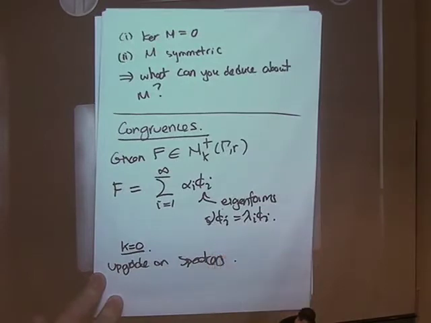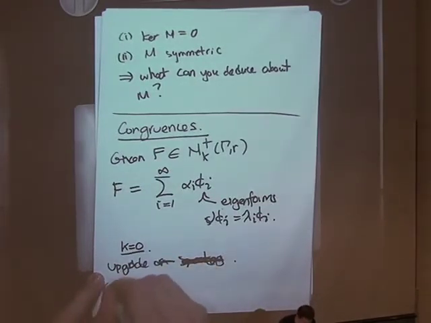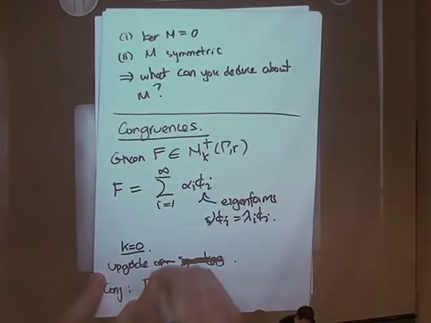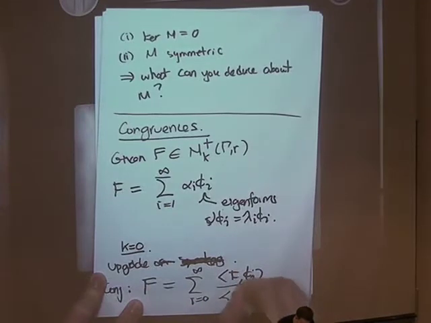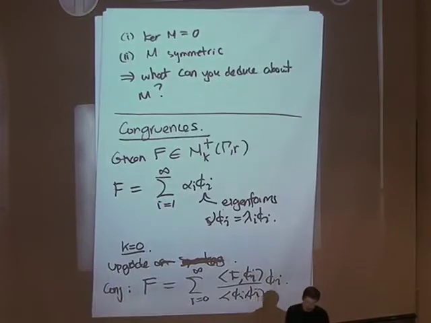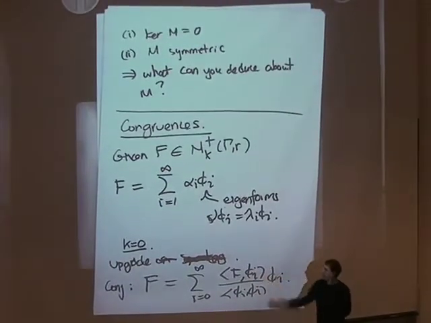We have the following conjecture, namely that f is not only equal to a sum of this form, but that we can explicitly compute it simply by taking the pairing of f with these eigenforms and normalizing them so that they have norm 1. So this would exactly be true if you have an operator in a Hilbert space that's self-adjoint.